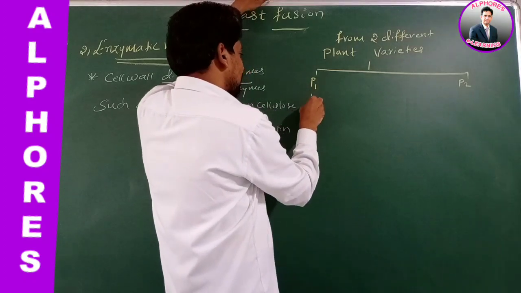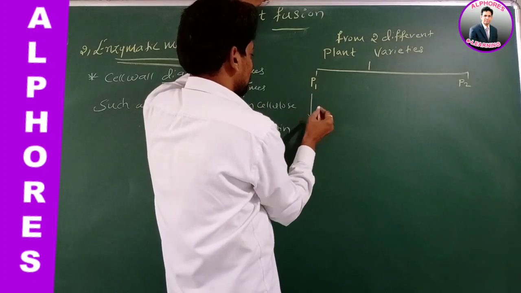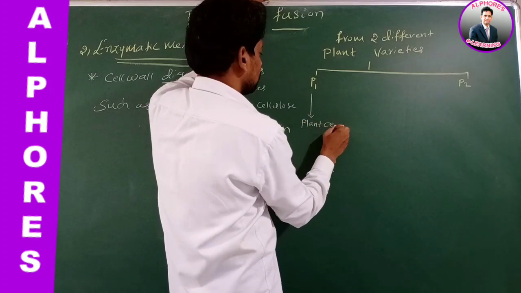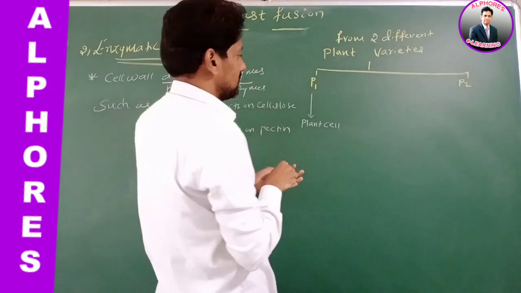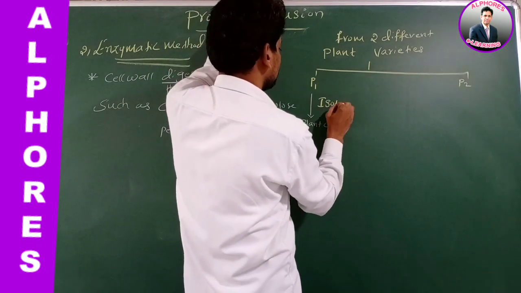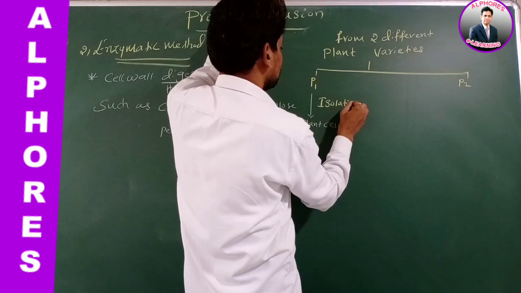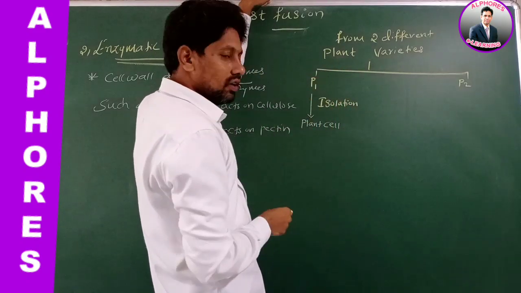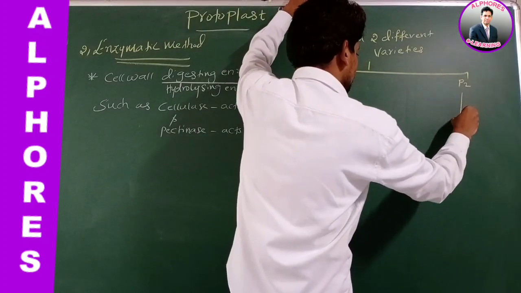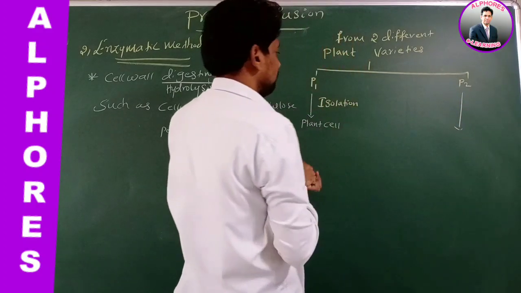From P1, a plant cell is isolated. From P2 also, a plant cell is isolated.